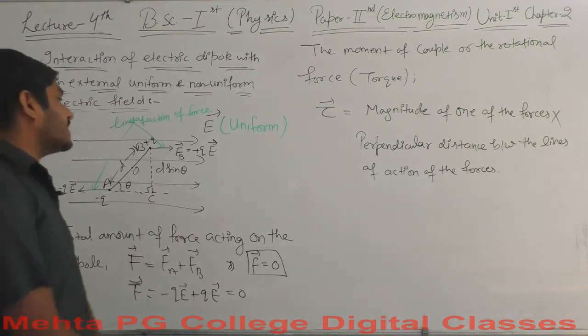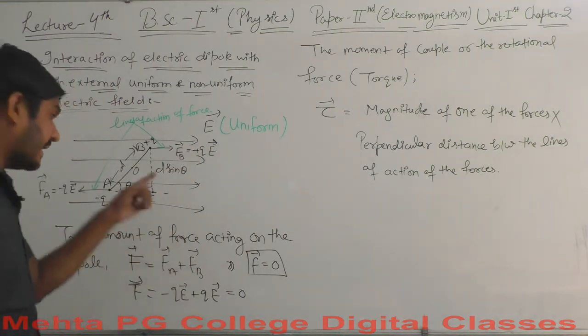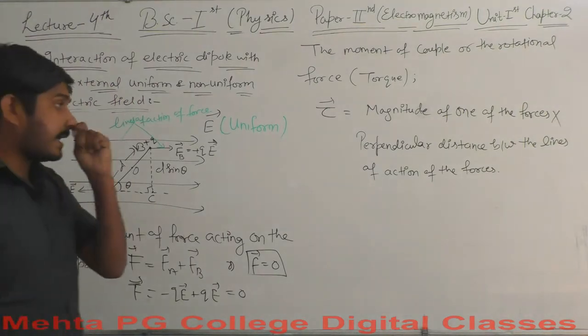We have two lines of action, one for the point B and another for the point A.